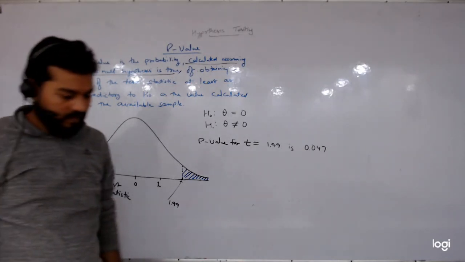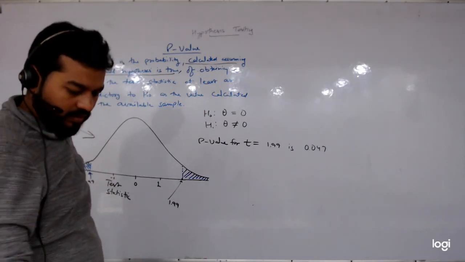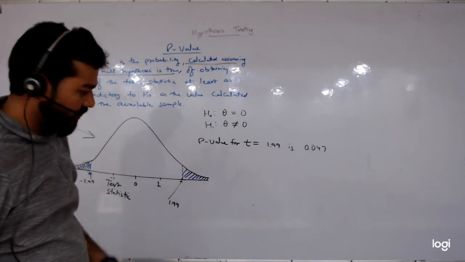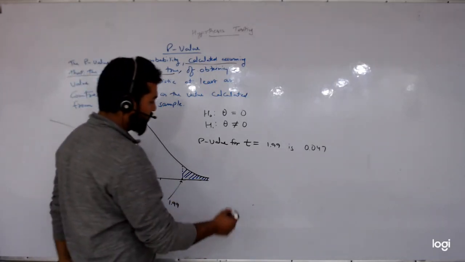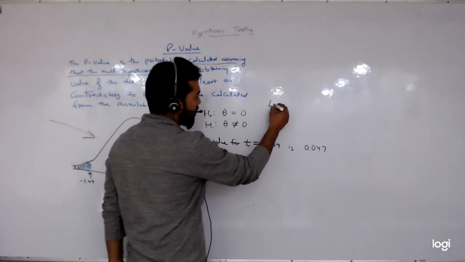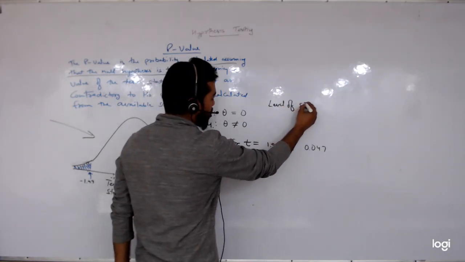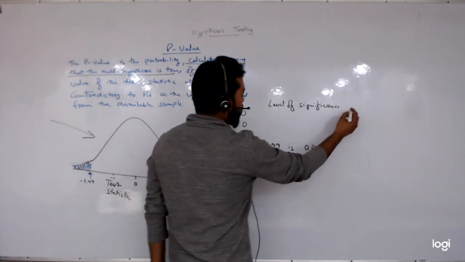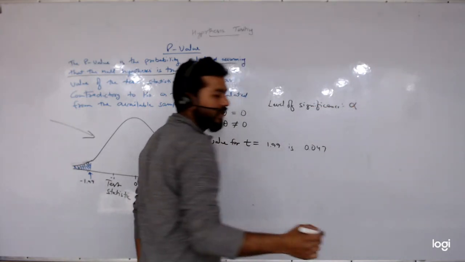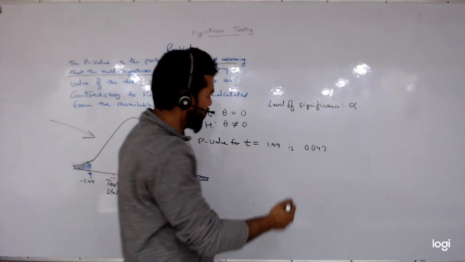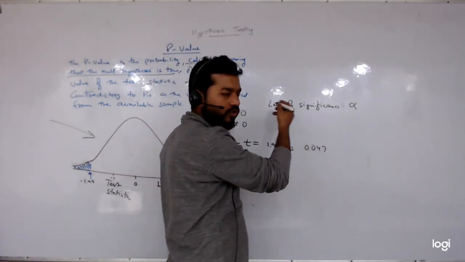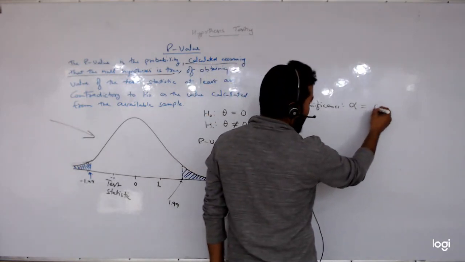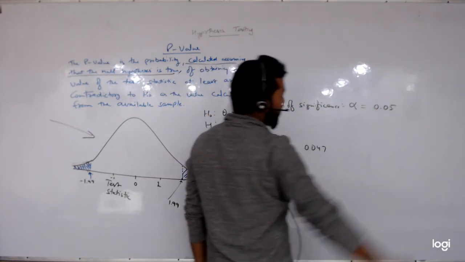Okay, now a few basic rules. Level of significance is denoted using alpha. The level of significance chosen in our previous example was 5%, so alpha was 0.05.